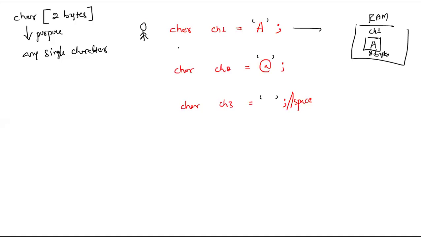When we try to access the value of the variable ch1 and print it, we are going to get the output A itself. So single quotes are a part of the syntax, not a part of the value. Like this, we can print any of these. When we print a space, we don't see anything in the output, but we can select that space from the console.